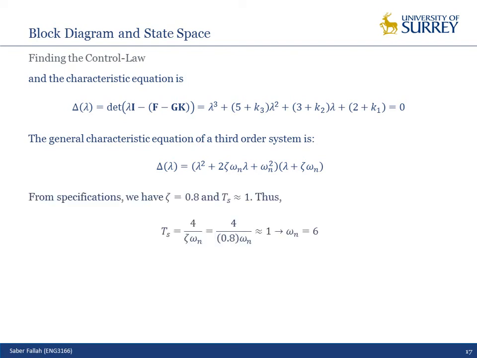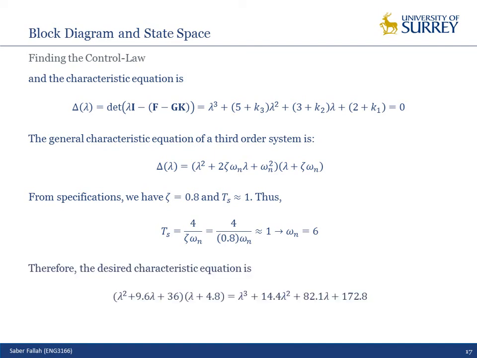If I assume the third order system, based on the relation, I have Ts equals 4 over zeta omega n. If I assume the damping ratio is 0.8, this will give me omega n equal to 6. I have a damping ratio equal to 0.8 and omega n equal to 6. If I substitute here, I will come up with this third order.